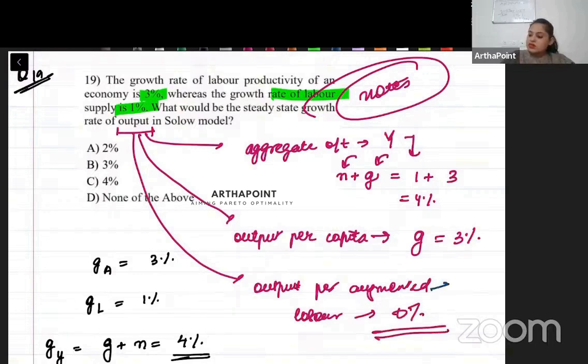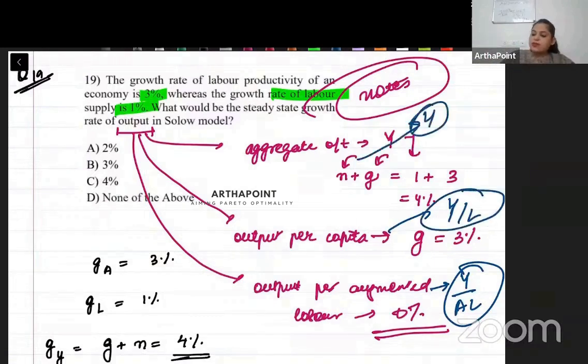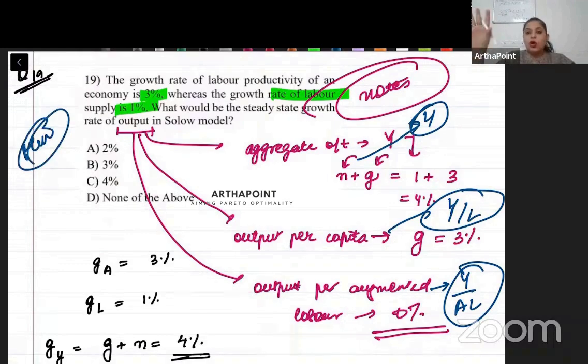Because this is y by AL, and this does not grow at steady state. This is y by L. This grows at the rate of technology, and this is y. But you have to read that entire table once. Please, once you go back, read this for sure. Go through this entire table of Solow model that we have made, right?